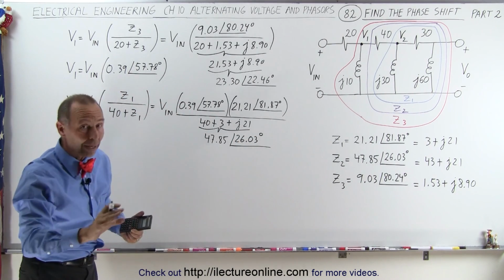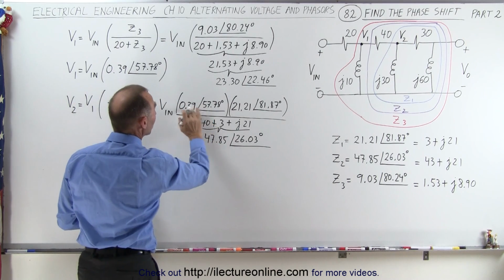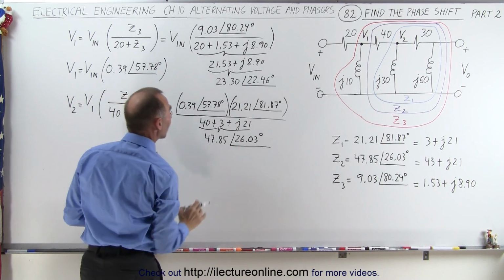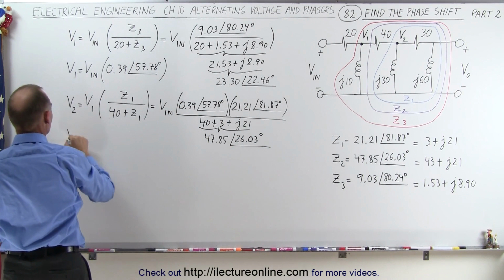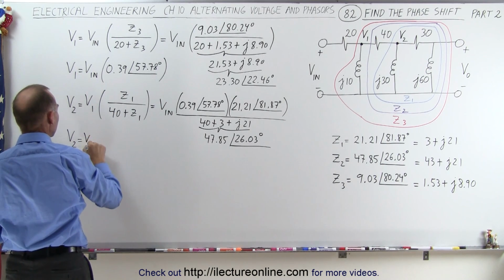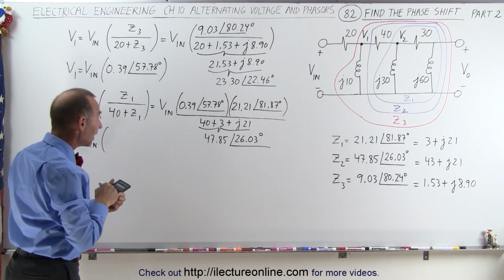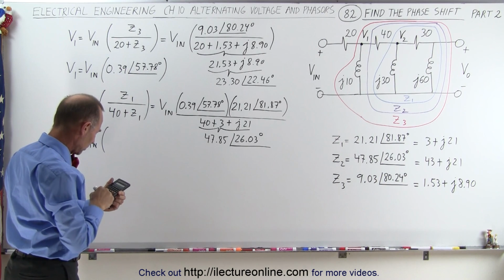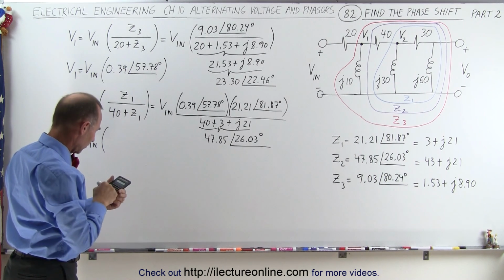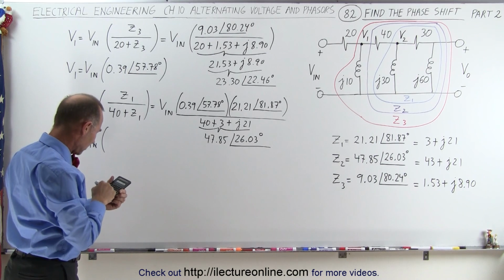All right, so now we're ready to combine all that, to multiply the magnitudes and to add and subtract the angles. So V2 is equal to Vin times 0.39 times 21.21 divided by 47.85.